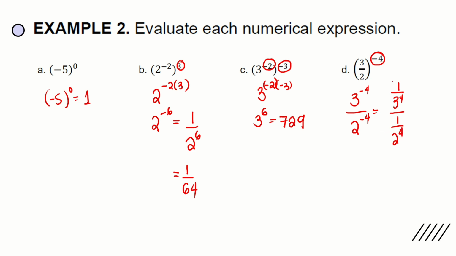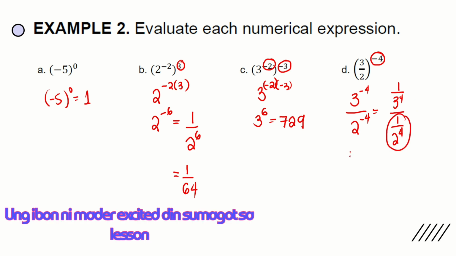And if you still remember, if we're going to divide fractions like this, we get the reciprocal of the denominator. That's now 1 all over 3 raised to 4 multiplied to 2 raised to 4 all over 1. So that's now 2 raised to 4 all over 3 raised to 4. Then we simplify. 2 raised to 4 is equal to 16 all over 3 raised to 4, which is equal to 81.